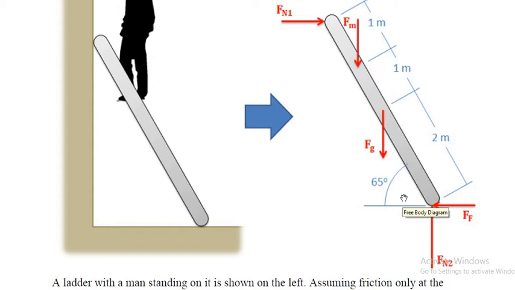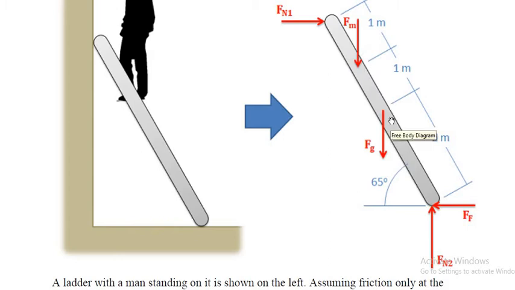For the weight of this one, one normal reaction will be acting in the upward direction, and because this ladder is hanging on this part, one more normal reaction will be acting here. So these are the free body diagram and the forces shown here.